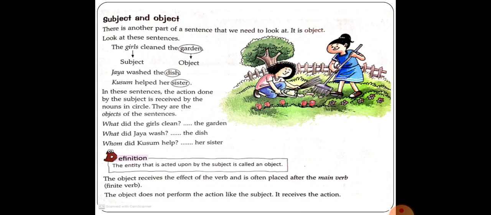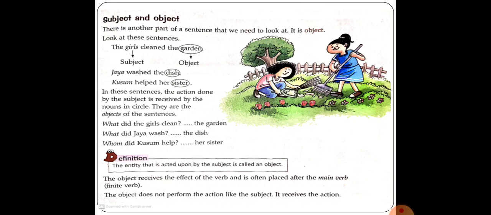Again, Kusum helped her sister. She helped her sister. So sister and dish are the object part. The action done by the subject is received by the nouns in the circle. They are the objects of the sentence. I hope it is clear to you all.